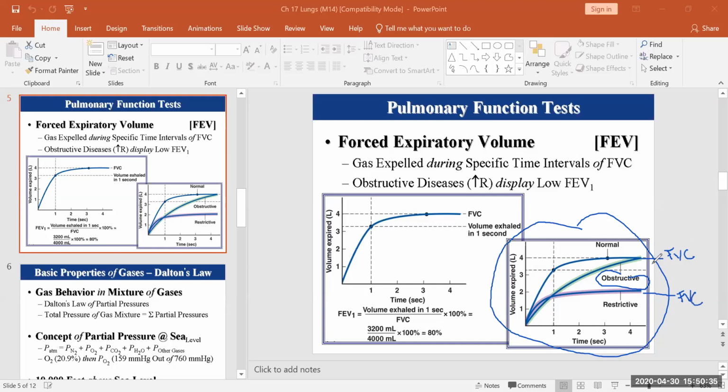That's why you see the difference here for the two cases. The restrictive FVC is completely compromised. That patient will never be able to reach that total lung capacity that we mentioned earlier.